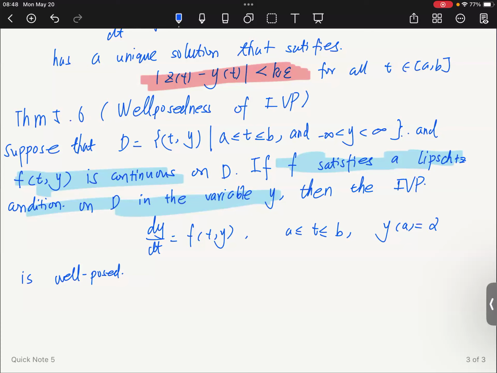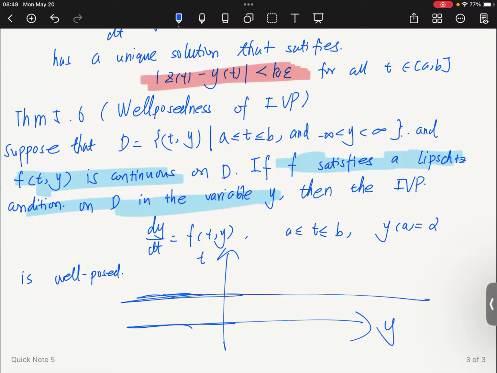The domain is very simple. If I draw it out, there's t here and y here, where y takes all the values along the real axis, and t is in between a and b, which means the whole domain D is just a strip in R2. And this is all I want to mention today.